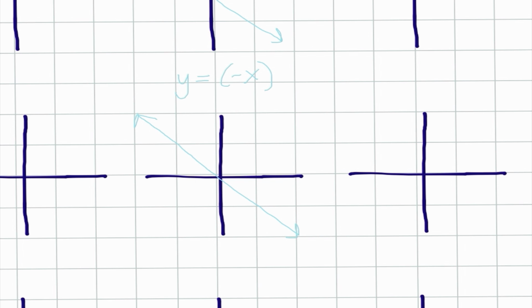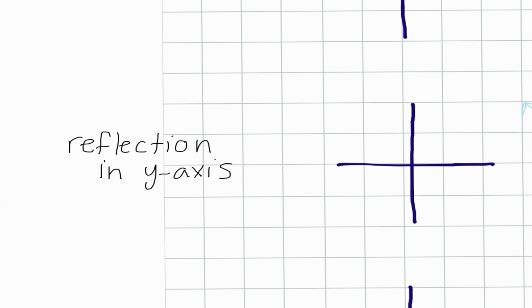So this time, if I compared our original graph with our new graph and folded over this line, they would line up with one another. Okay, so a negative out in front is over the x-axis, and negative inside the function is over the y-axis. So I'm writing that that is the reflection in the y-axis.